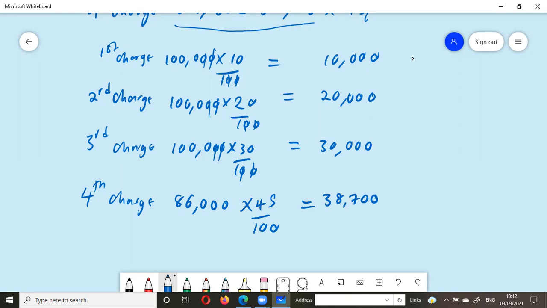After getting these charges, we shall add them: plus that, plus that, plus that. What do you get when you add?